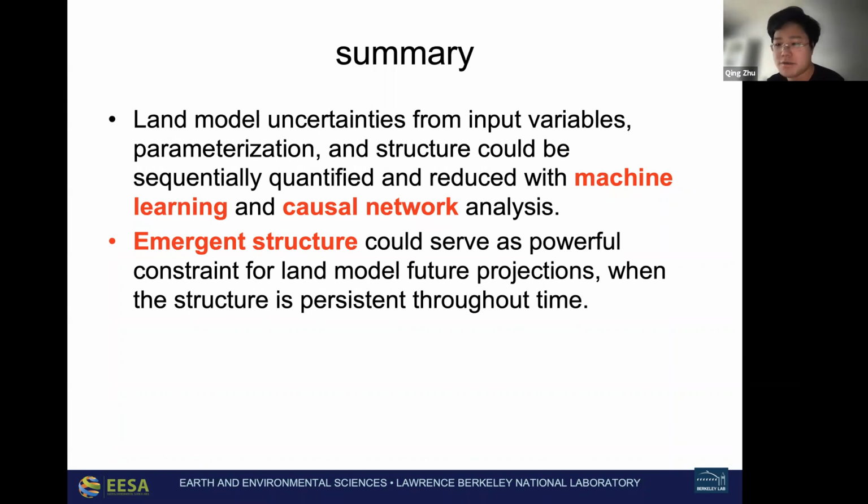We can reduce the uncertainty during the historical period, but also we can constrain the future projections. And here I wanted to highlight this emergent structure, either the teleconnection structure or the localized emergent structure for the system organization, that we can all use as a powerful constraint for the uncertainty reduction or the constraint of future projection. So that's what I wanted to share today.